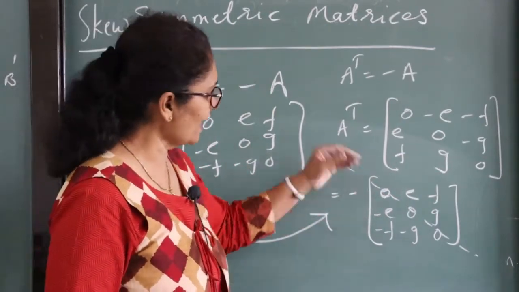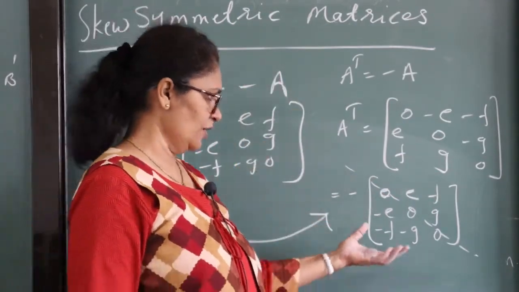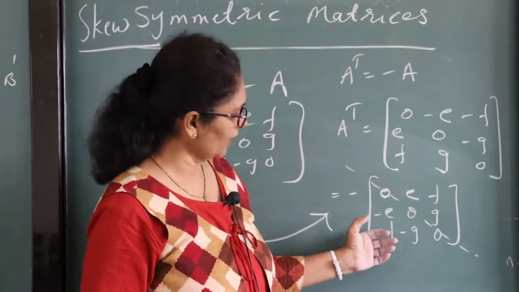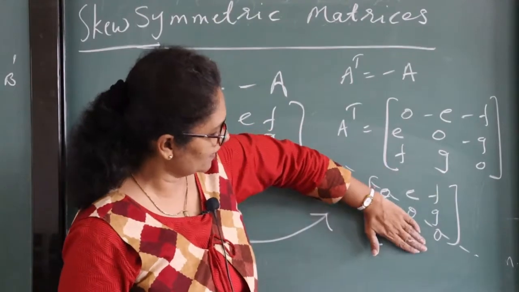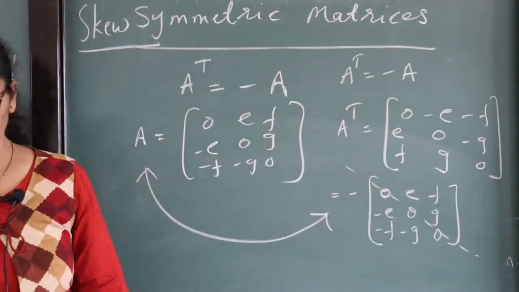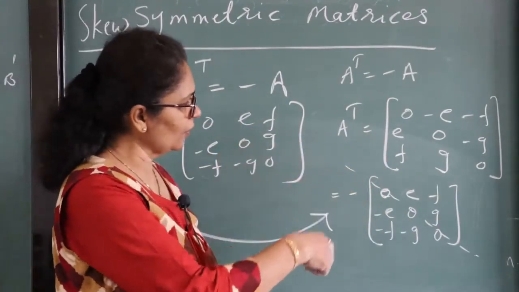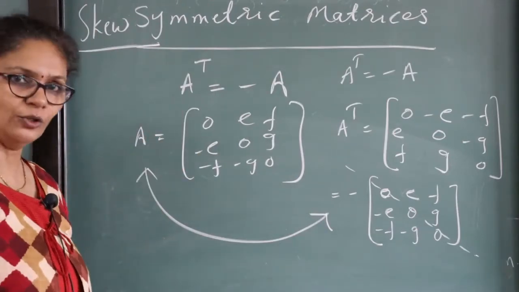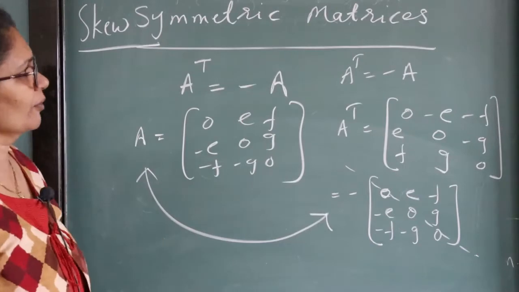When you interchange rows with columns, you have to take the minus sign outside. So one portion is with a plus sign, the second portion with a minus sign. Remember, take the principal diagonal as 0 and just change the elements with plus or minus sign, and you easily get a skew symmetric matrix.